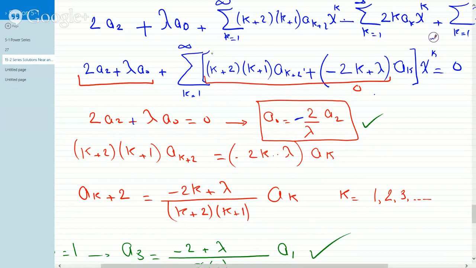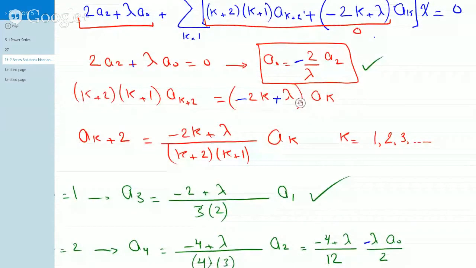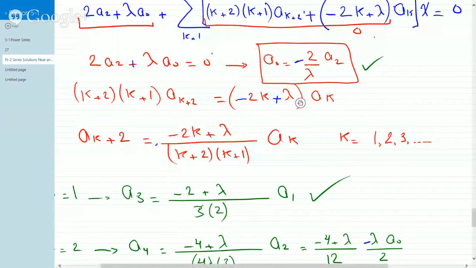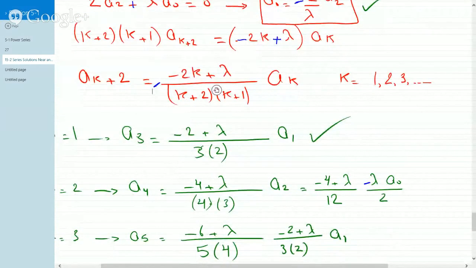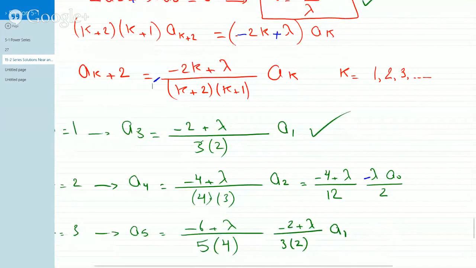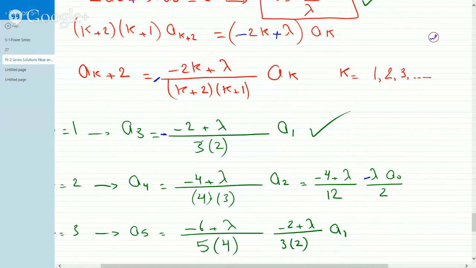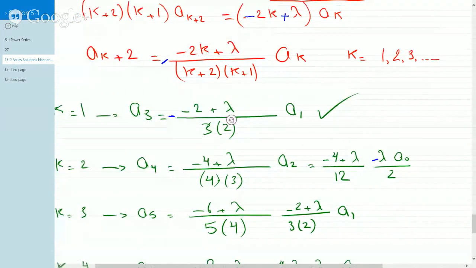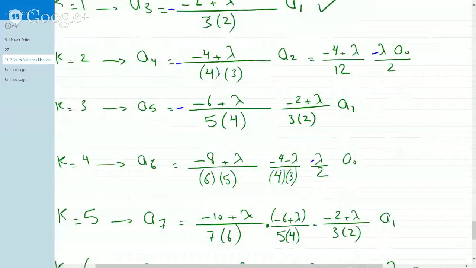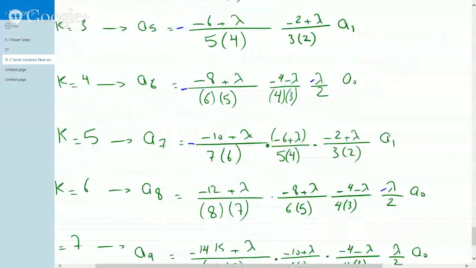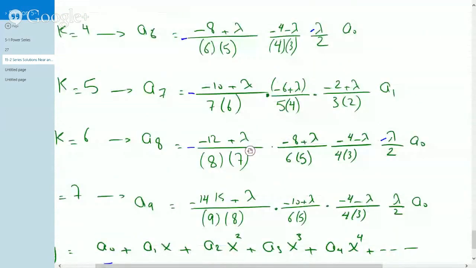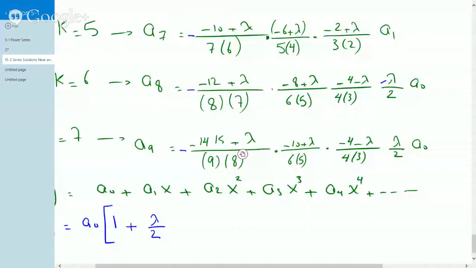And this here switches. There's a minus sign here, and minus sign. Okay, so lambda over 2. Okay, plus.